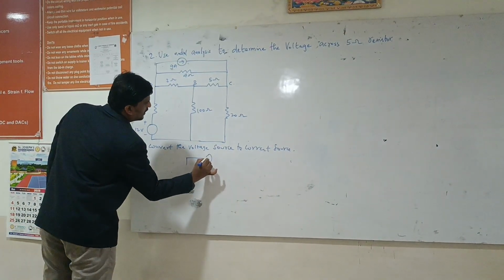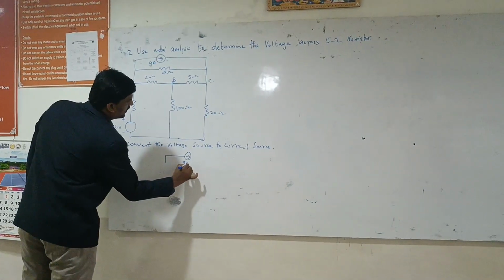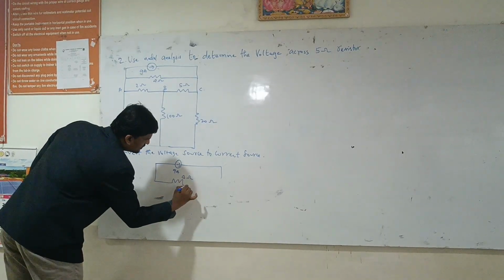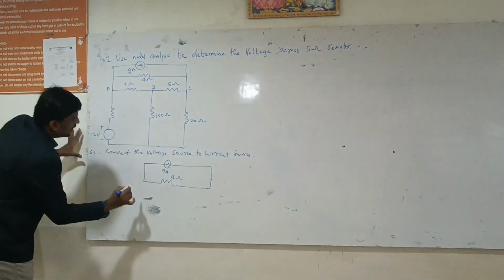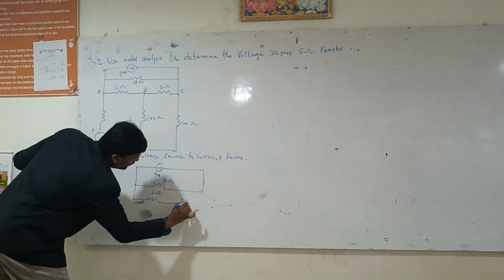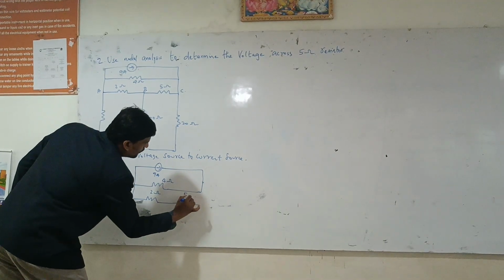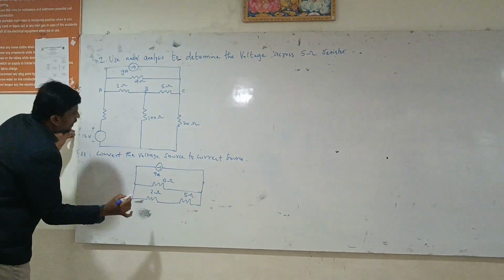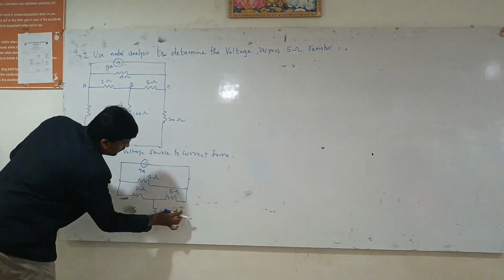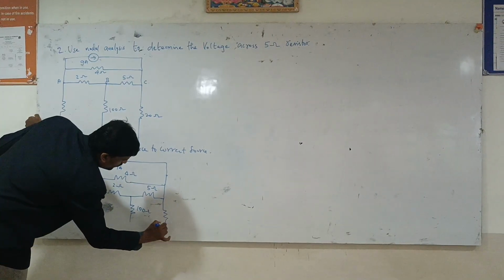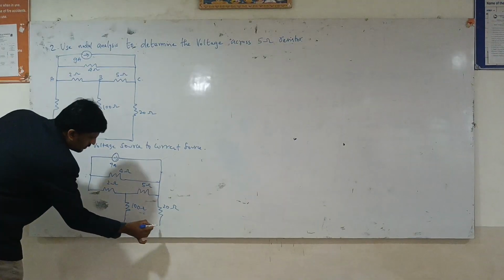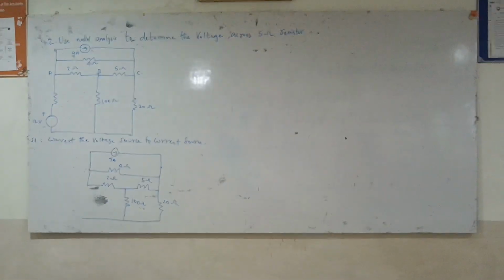So here this 9 ampere, 4 volts, 2 ohm, this is 5 ohm, so this is given as it is.